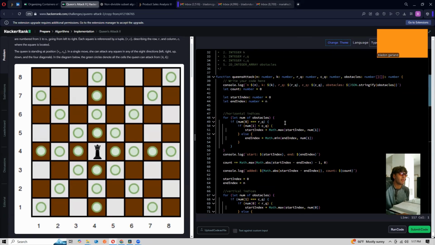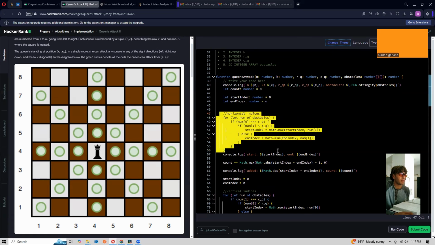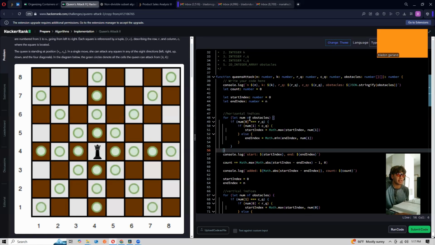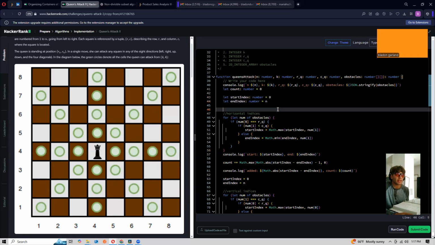Basically, we first care about the horizontal potential indices that contain the green circles. We take a start index on the left side and an end index on the right side.